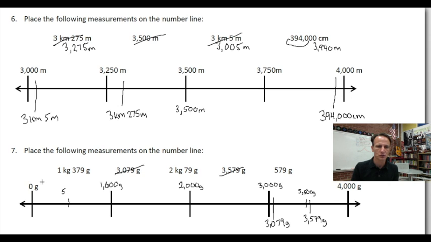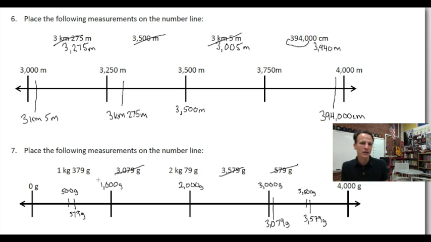What comes between 0 and 1,000 grams? Again, same thing we did finding the midpoint and rounding. 500 is half of 1,000. So now placing 579 grams is quite simple. We see it comes right after 500 grams. 579 grams. Lovely. That one's done.